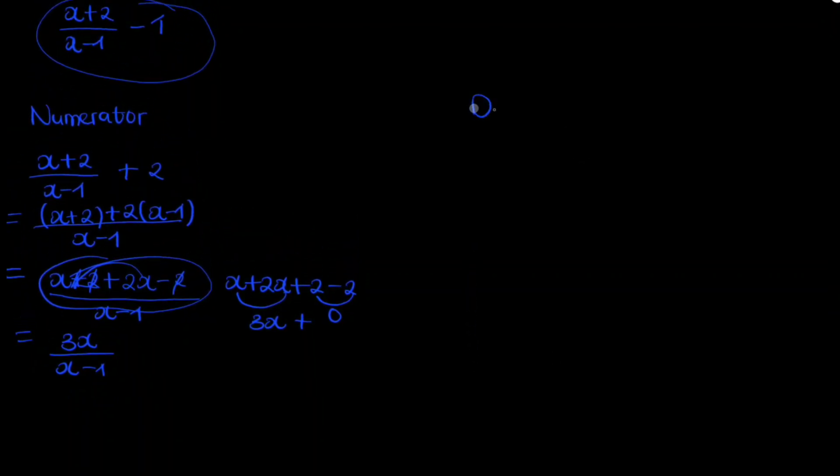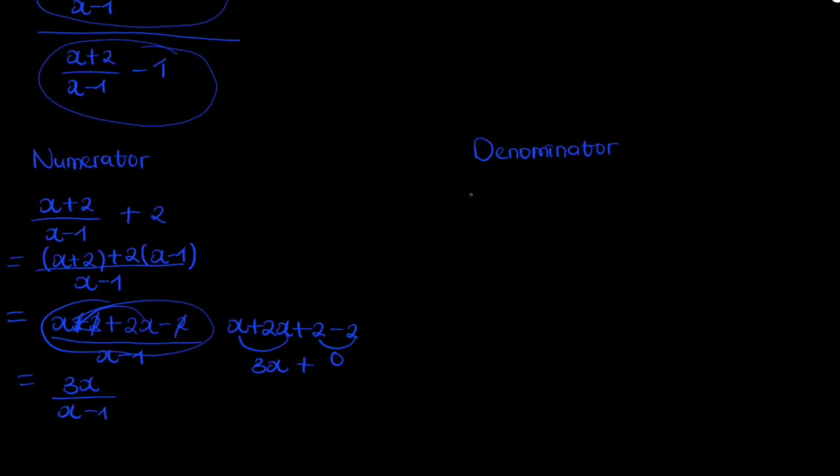Let me take the denominator. So let me also simplify the denominator. In the denominator, we have x plus 2 divided by x minus 1, minus 1. Here again, we can look for the LCM, that is x minus 1.